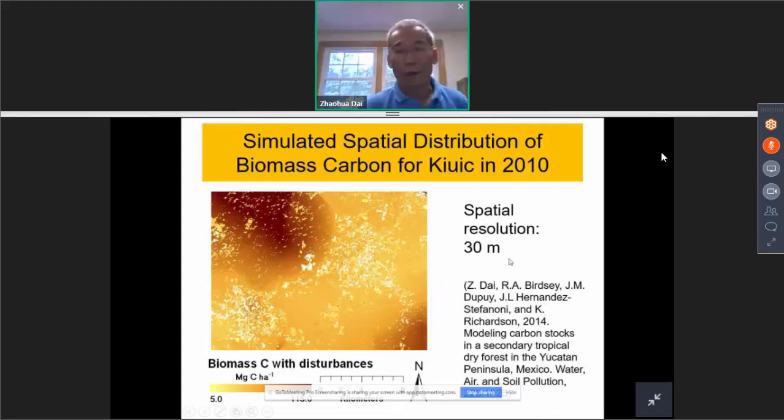This is 30-meter resolution, for Lhasa. So we can find where the biomass is high or low. The biomass in this area is high, and the center seems to be here.